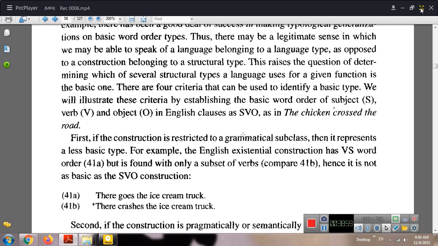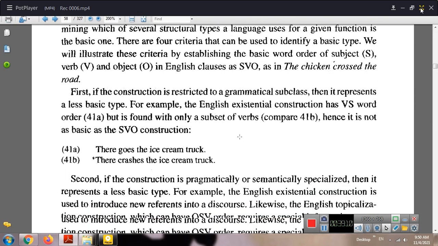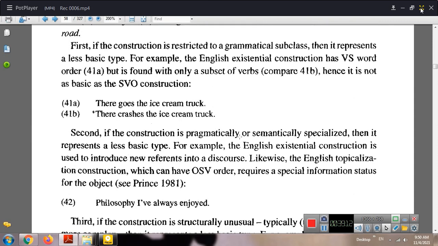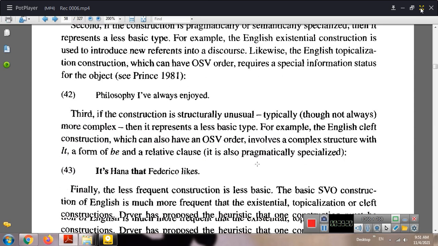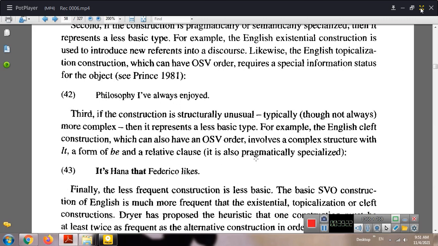For example, in English we have the existential construction, and we can see the basic form of English, or when we have a construction which is pragmatically or semantically special, we can see the basic form because we change the order of sentences intentionally because we have another goal.